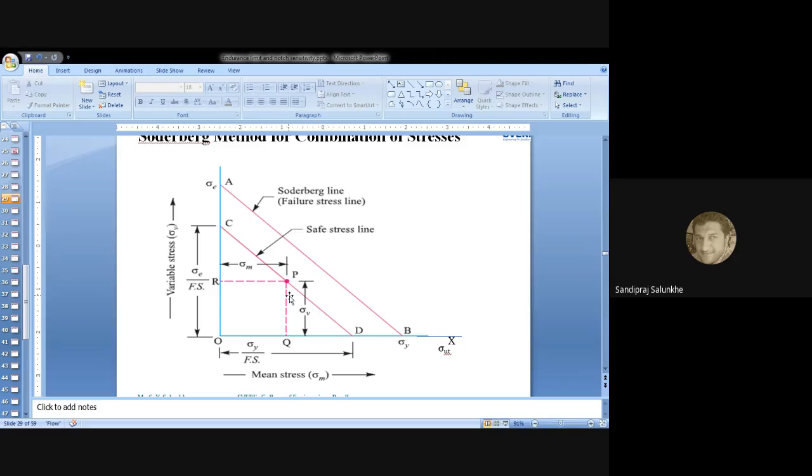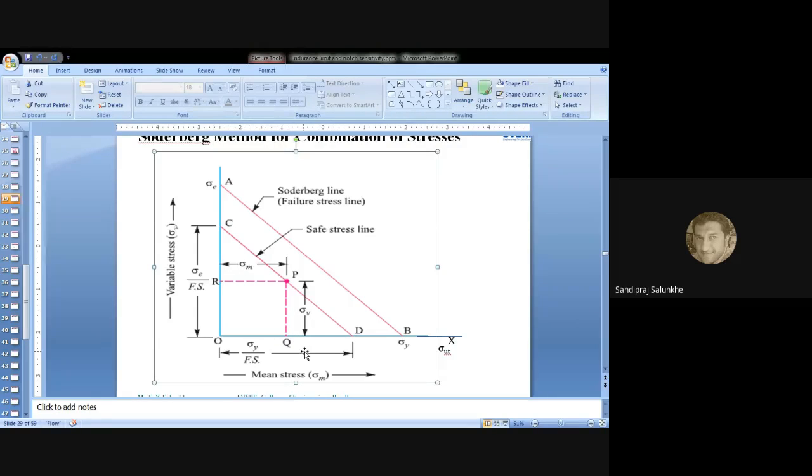Are you getting me? Let us consider this point P, and we will analyze the relationship between the various parameters. The first parameter, which we have mentioned on the x-axis, is the mean stress. The second parameter, which we have mentioned on the y-axis, is the variable stress.